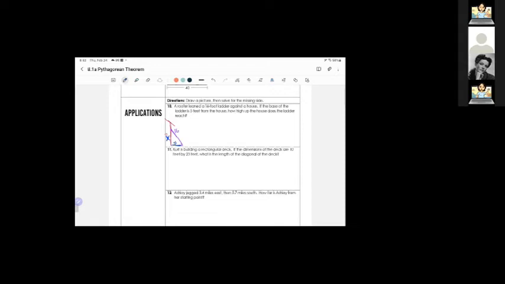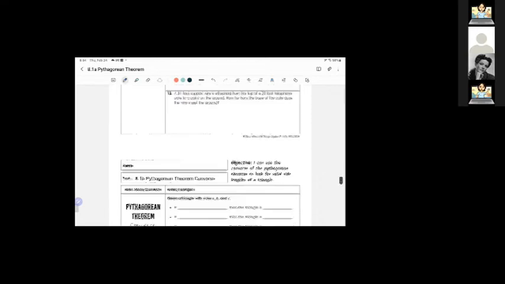So then once you draw the picture, you should be able to quickly see that I'm just going to do X squared plus 5 squared equals 16 squared, right? So you're going to draw all those pictures.